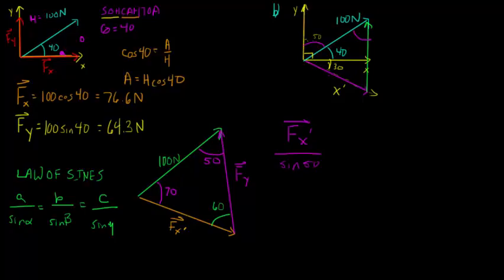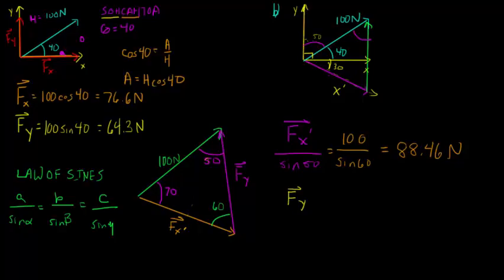So this right here is across from the 50 degrees. And we're going to use this 100 newtons side. This is across from 60 degrees. So our answer, if we evaluate this equation, is going to be 88.46 newtons. Now we can also do the same thing with f of y.